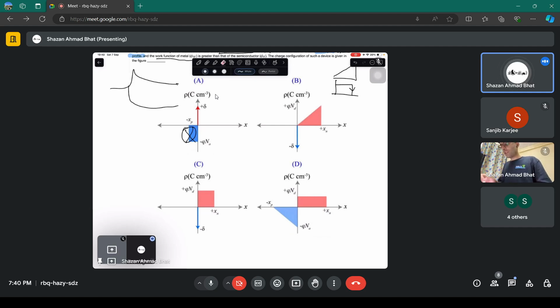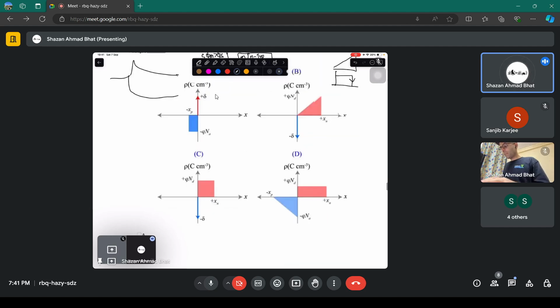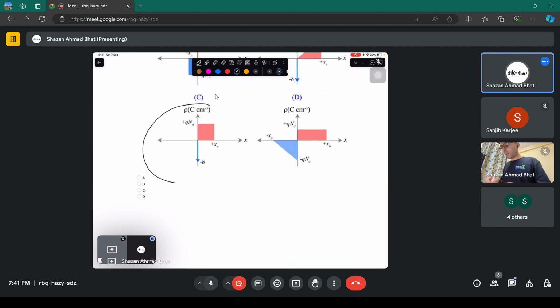That is absolutely wrong. You can have a delta function. You can have free charges on the metallic side, which may reside near the interface. On the metal, and the question says that it is an abrupt junction. That means the only possibility is this particular thing.